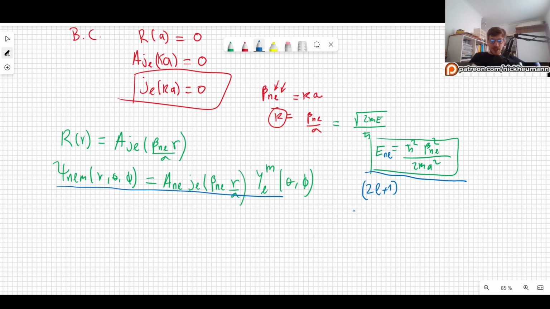Whenever, if l is equal to 2, for example, m can be minus 2, minus 1, 0, plus 1, and plus 2. So all of those different states will have the same energy because the energy doesn't depend on m, right? And that's also why in the case l equals 0, we had just one-fold degeneracy, which means no degeneracy. Okay, so that is the most important thing.